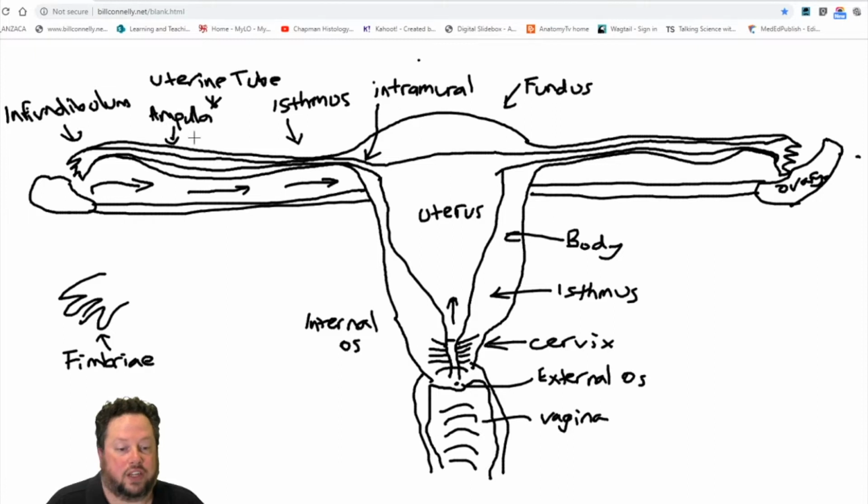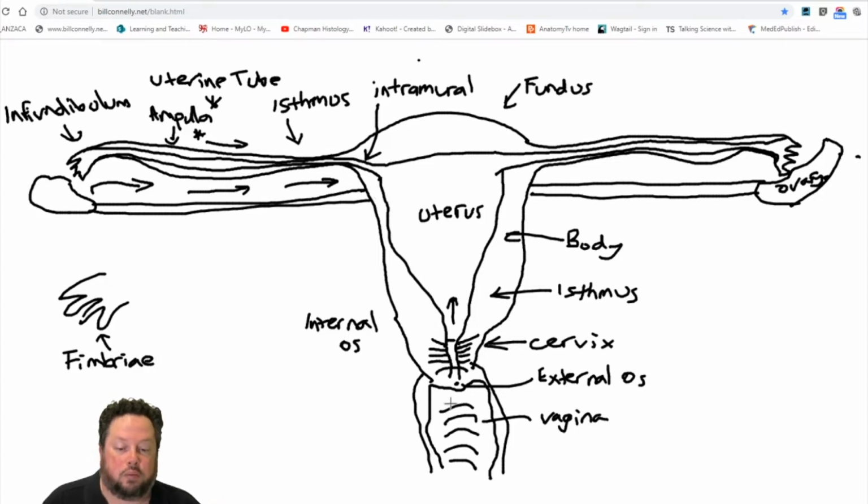Should fertilization take place, it takes place here in the ampulla. We're also getting peristaltic contraction of the muscularis. So we've got these 2 gamete transport forces working, moving the ovulated oocyte down towards the uterus, so implantation can take place if fertilization has taken place.